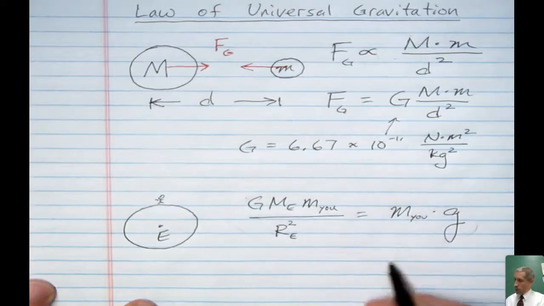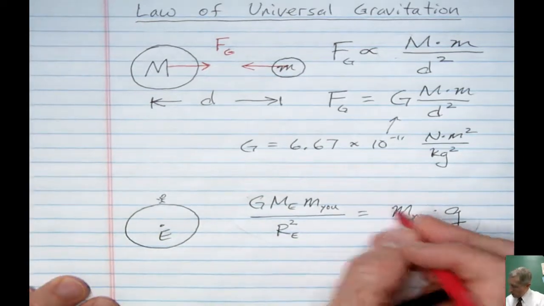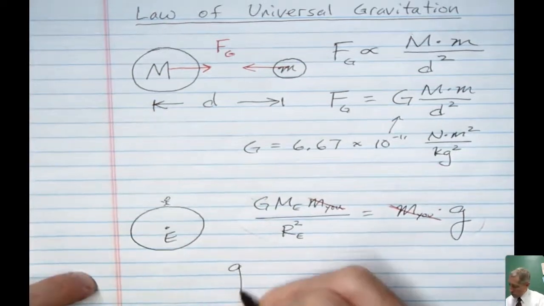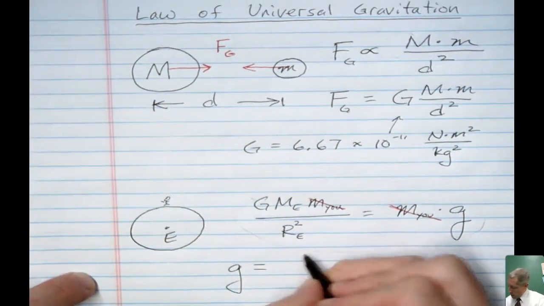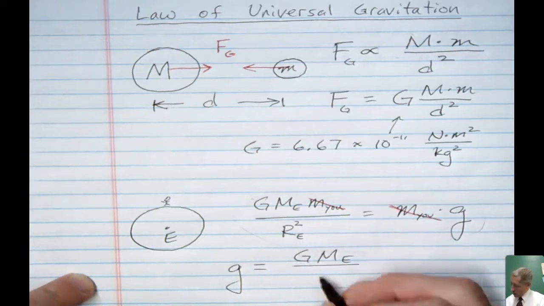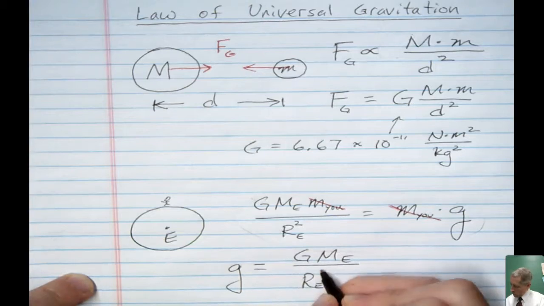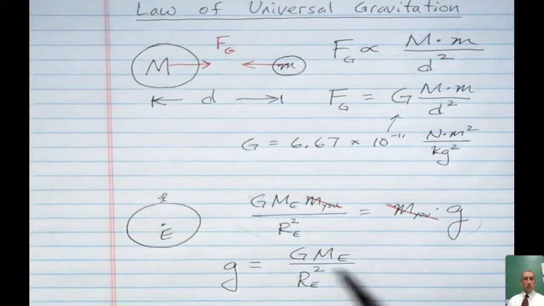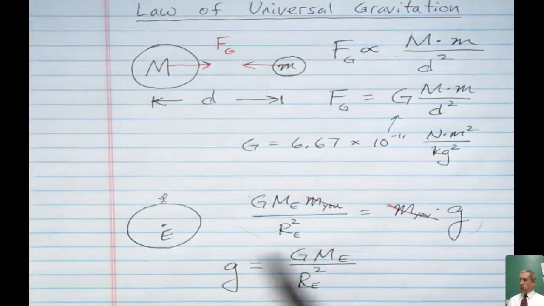So if we just take this and do a little math by canceling those out, then we have an expression here that shows how we get 9.8 for the surface of the Earth. I'm not going to show this calculation, but trust me, if you put in the mass of the Earth, which you could look up, and the Earth's radius squared, you will get right around 9.8. This also gives you a way of doing this for other planets.